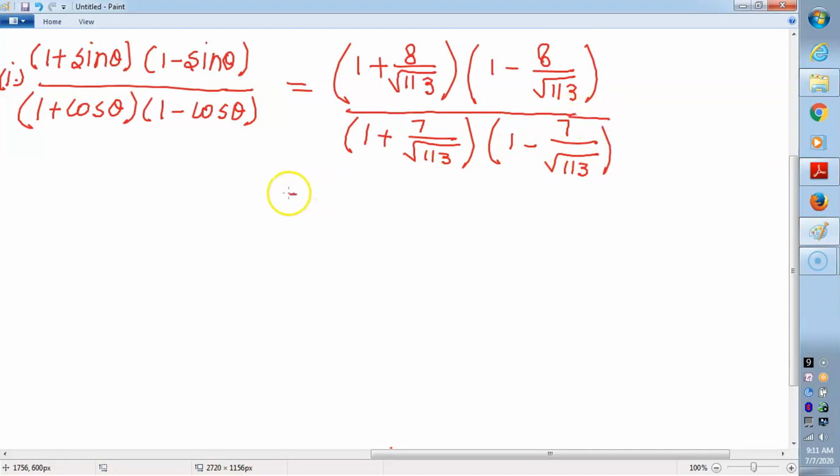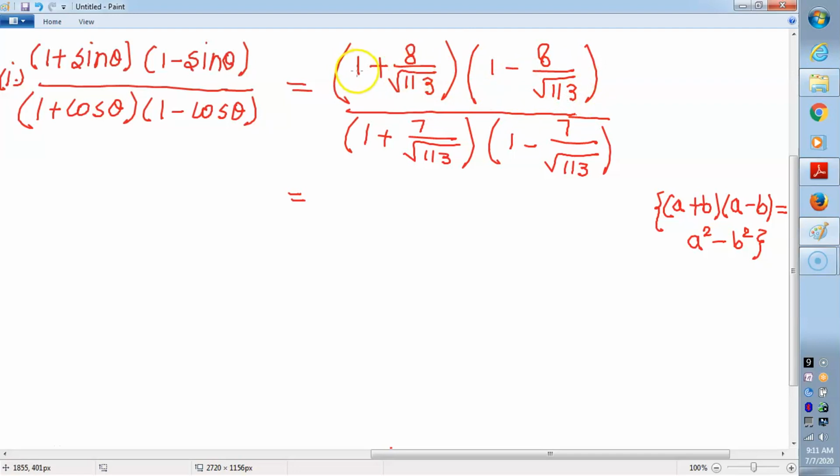Let's solve it. I think guys you know a relation for a plus b and a minus b. If you remember, we are learning a formula in mathematics, a plus b into a minus b is equals to a square minus b square. Remember? So let's apply this formula here. The solution becomes easy. 1 plus 8 by root 113, 1 minus 8 upon root 113.